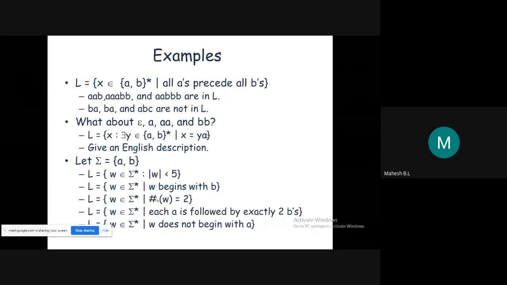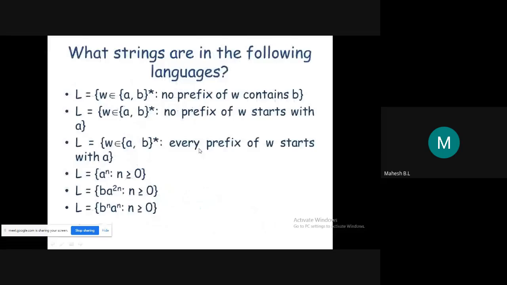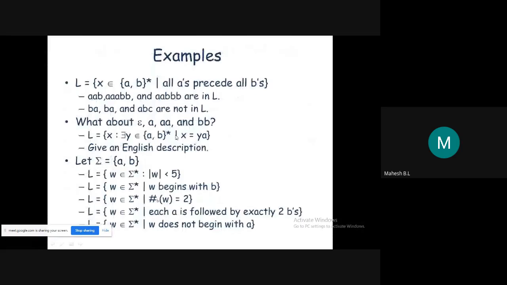So that can be the English description for this particular language. Instead of Y, I'm going to eliminate Y. Y is not at all required for the definition of L. So now I'm going to write a simple definition for L.